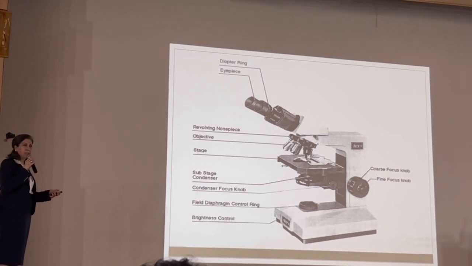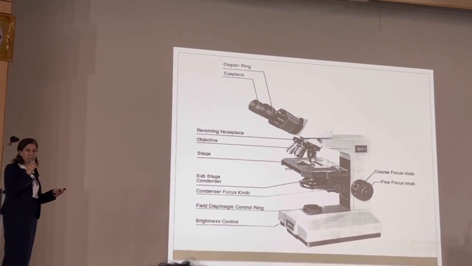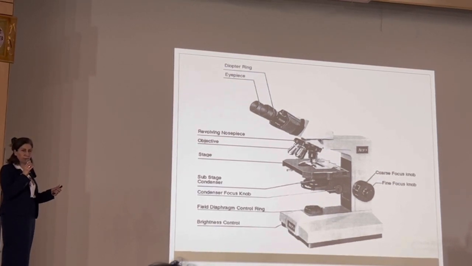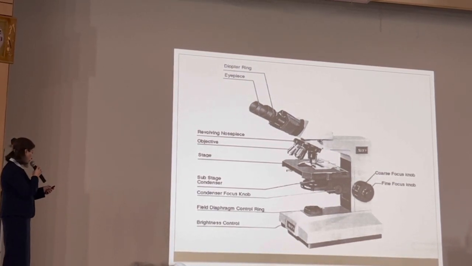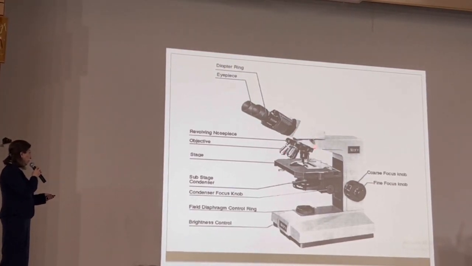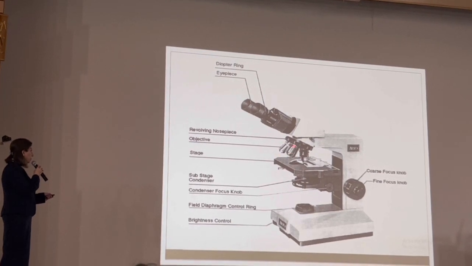Functionally, it collects the light and focuses it to be passed through the tissue. This is the condenser, which is the first part of the lens family in the compound microscope. While this group of lenses are called objective lenses.